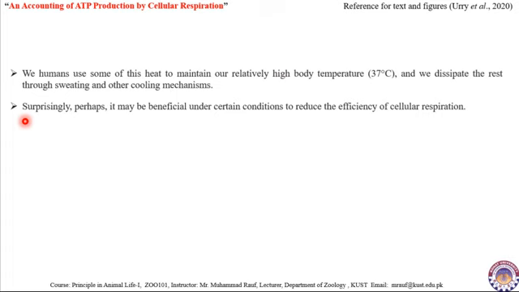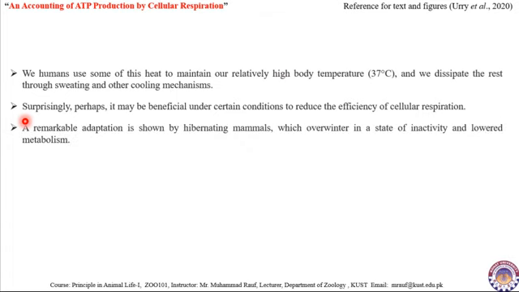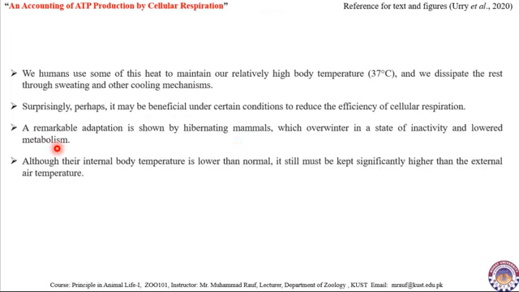So, in which circumstances does that take place? A remarkable adaptation is shown by hibernating animals, the animals which undergo winter sleep, which overwinter in a state of inactivity and lowered metabolism.